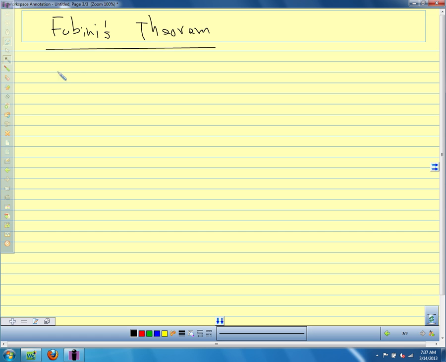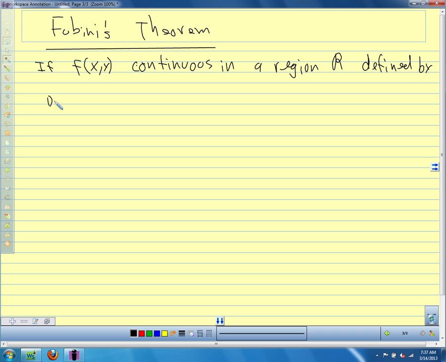So Fubini's theorem says that if we have our function f of x, y continuous in a region, and we're going to talk about two different kinds of regions, our vertically simple region and our horizontally simple region.